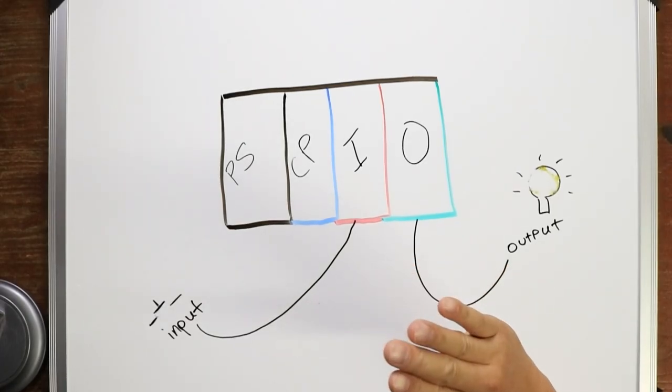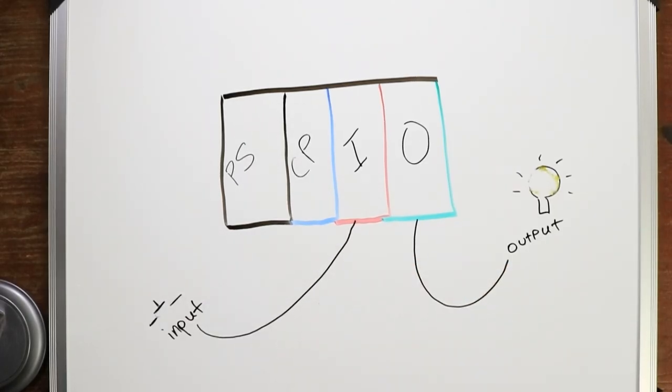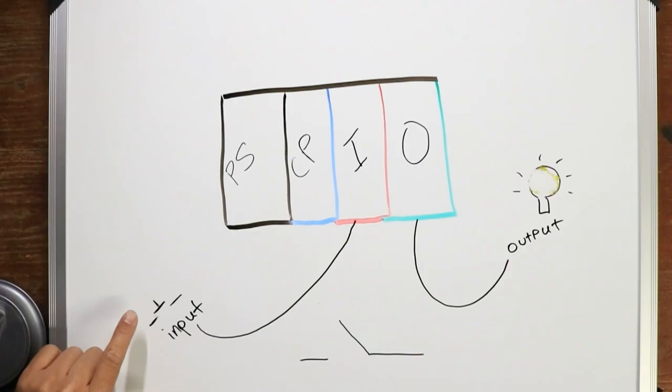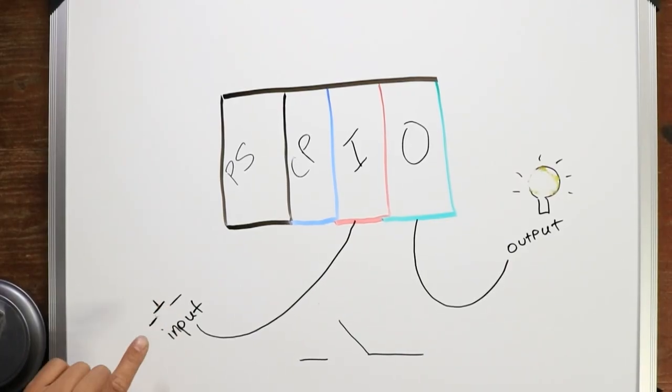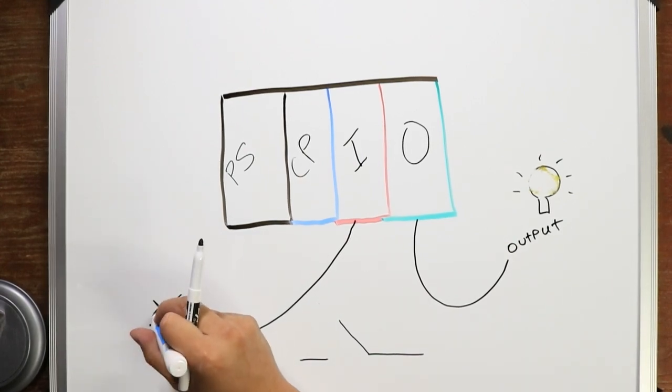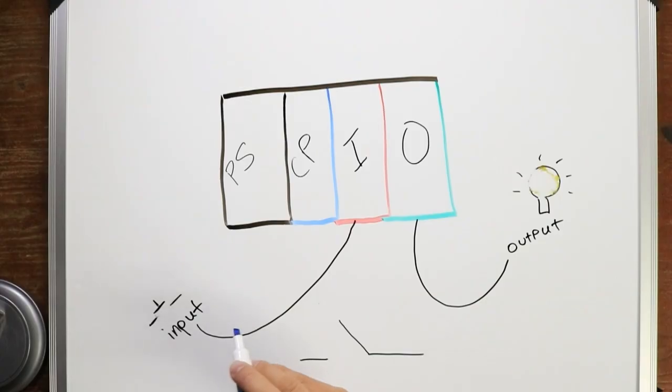So, for example, another example would be you have a door. Okay? The door is open. You have a signal, the input that says, I want this door to close. You push that button down. Currently it is 0, right?